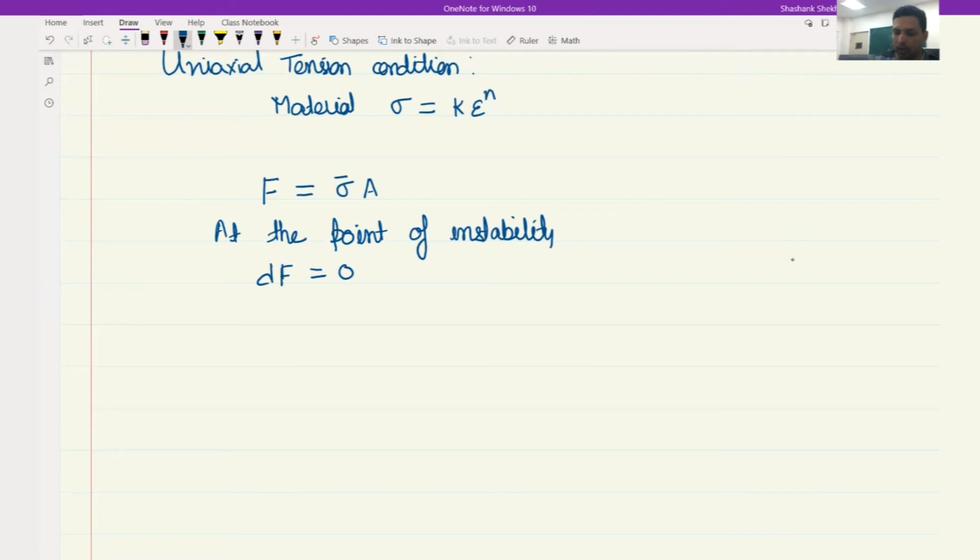We know F is sigma times A, therefore we can write it as sigma dA plus A d sigma, and this should be equal to 0.